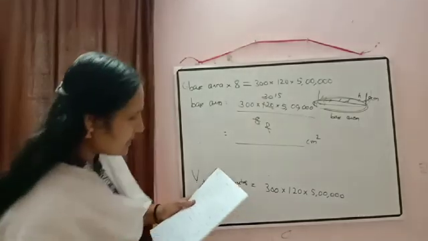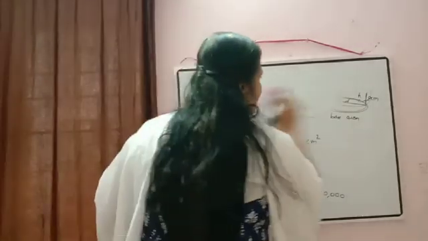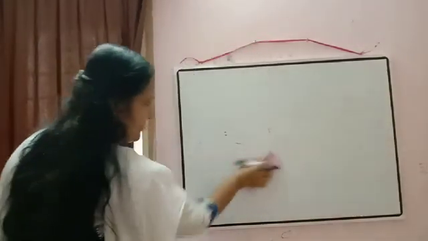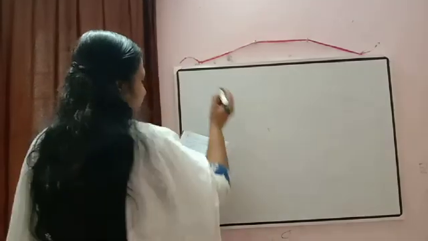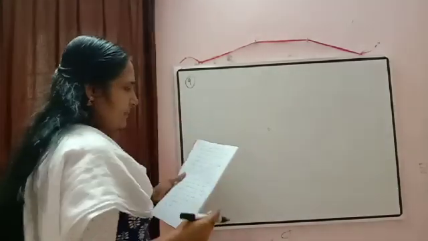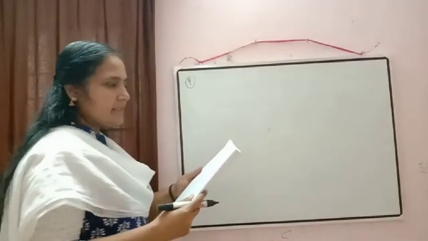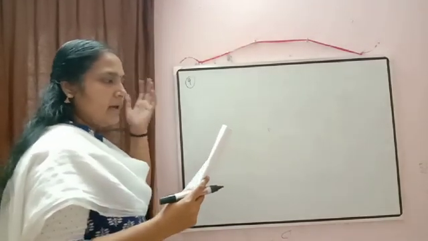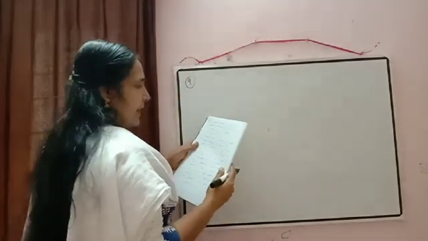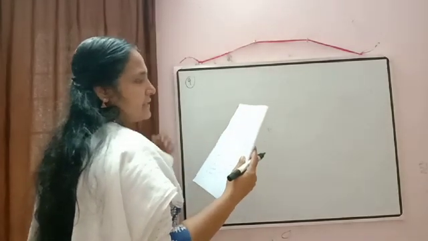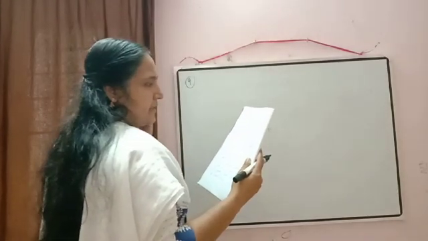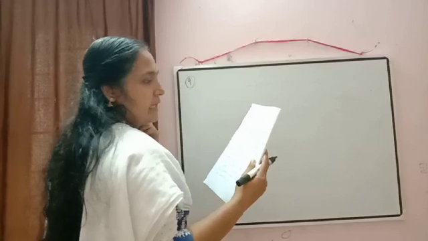In the next question it is written, a farmer connects a pipe of internal diameter 30 centimeter from a canal into a cylindrical tank in her field, which is 15 meter in diameter and 2 meter deep.